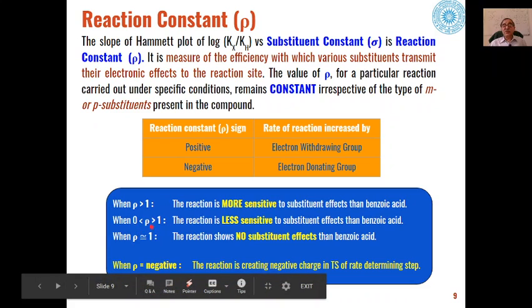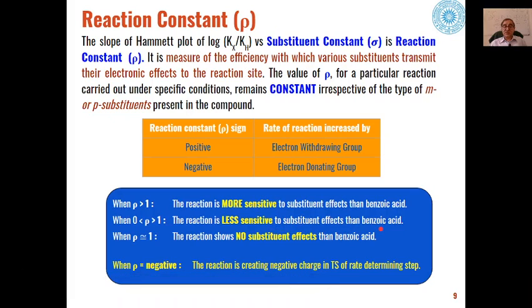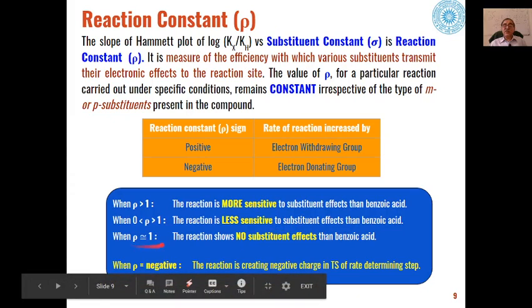And when the value of rho lies between 0 and 1, the reaction is less sensitive to substituent effects than benzoic acid. And when the value is approximately equal to 1, then the reaction shows no substituent effects in comparison to benzoic acid.